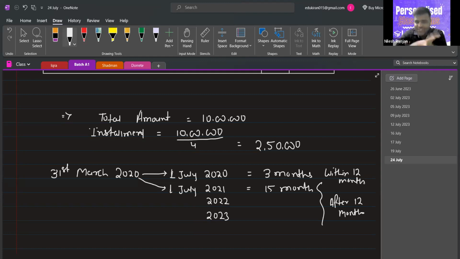No, actually deferred tax is due to different provisions under the Income Tax Act and Companies Act. Is there any other provision given here of Income Tax or Companies Act? No, sir. So it is not deferred tax. It is payable in 3 months, that is within 12 months. So it will be recorded as short-term borrowing.